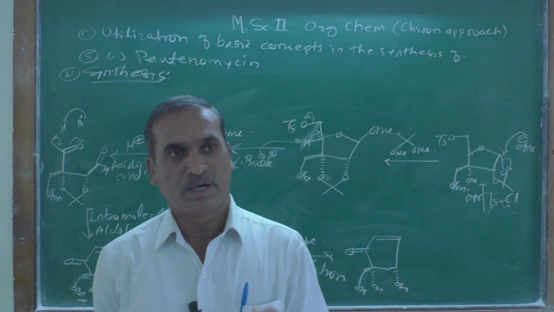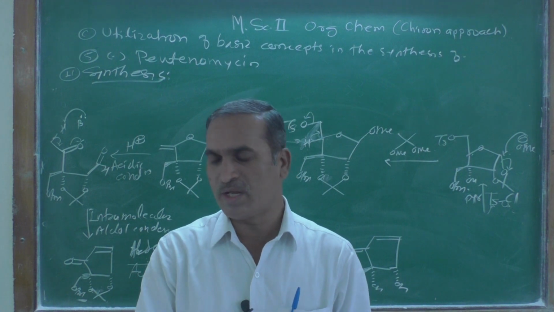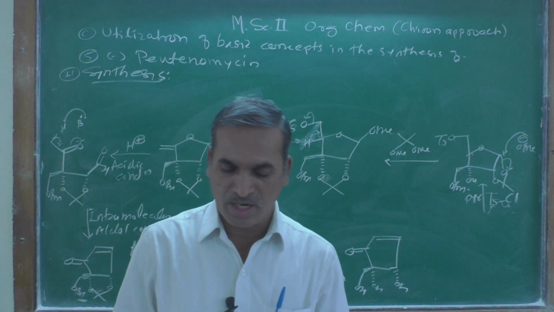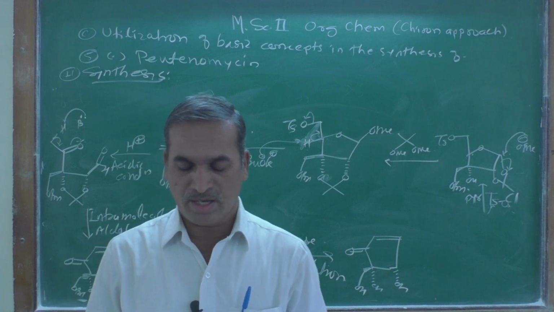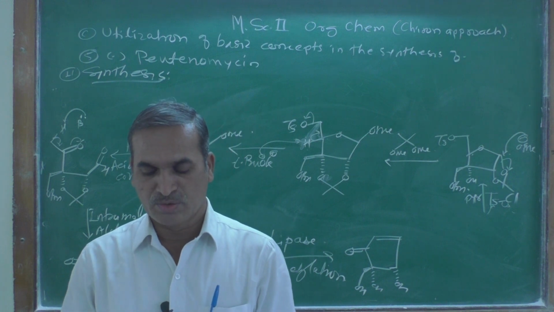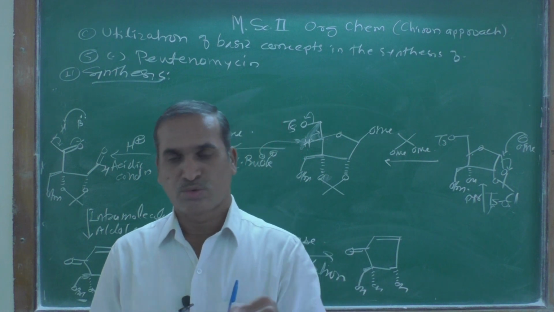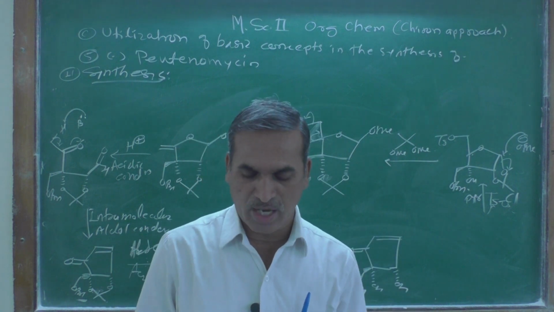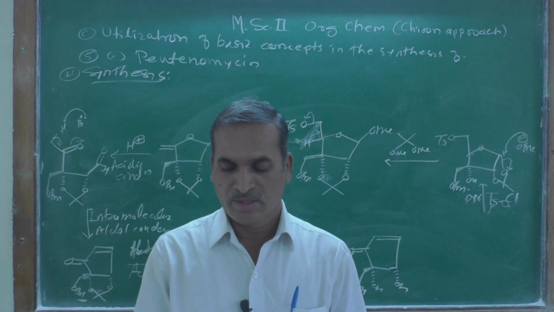Here methyl nitromethane is used for this conversion, then alkaline potassium permanganate, then sodium borohydride, then BnBr, NaH, DMF is used as a solvent, then hydrolysis, and after that we use sodium periodate, then sodium borohydride. Sodium periodate is used for the cleavage of 1,2-diol, and we are getting an aldehyde, and then TsCl in presence of pyridine.